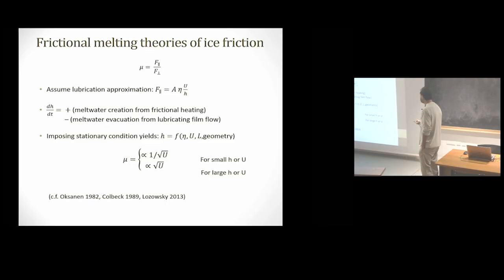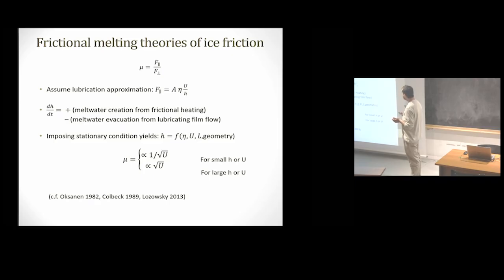In this theory, you start from the definition of the friction coefficient, which is the parallel force you exert divided by the perpendicular force created by the weight on the slider. That's the definition of the friction coefficient. And you say, okay, if we have a meltwater lubricating film, whatever its origin is, then you assume that the lateral force will be given by this plain Newtonian law.